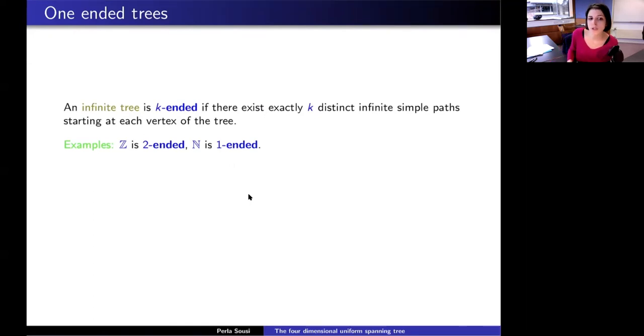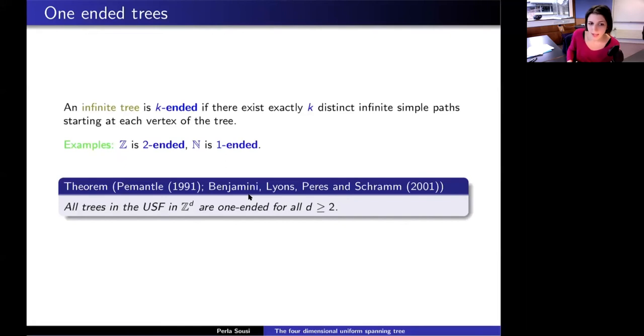So now the question is whether the trees of the uniform spanning forest are one-ended or not. What Pemantle proved, in the same paper as before, is that in dimensions 2, 3, and 4 it is a single tree because it's connected, and that tree is one-ended.